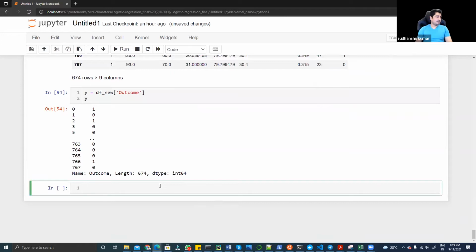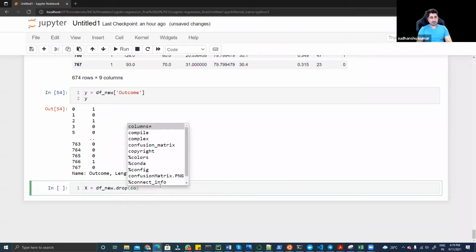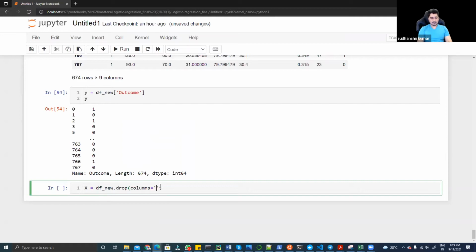It's completely fine. Now if I have to create my X, what I will do is call df_new.drop, and we drop the column called Outcome.